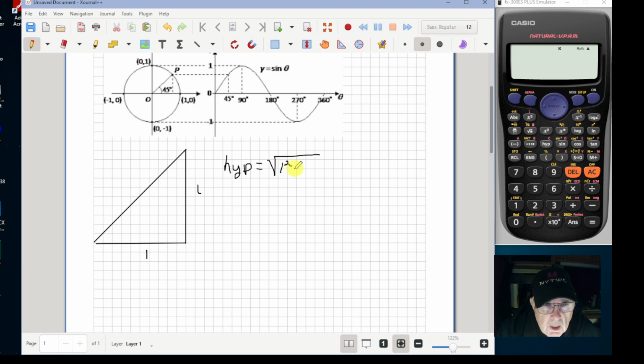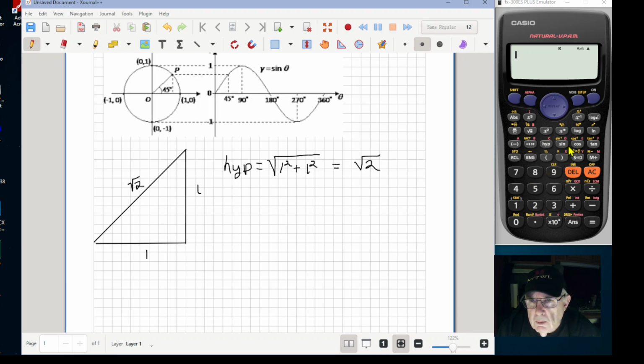So we have 1 squared plus 1 squared. And so we see then that this is equal to the square root of 2. So the length of this is the square root of 2. So this is where the square root of 2 pops up its head and comes into play here.